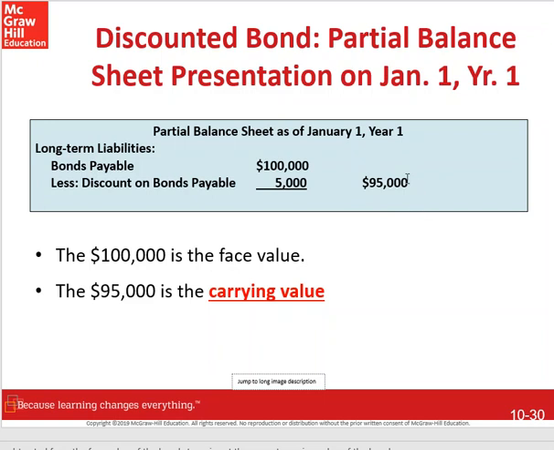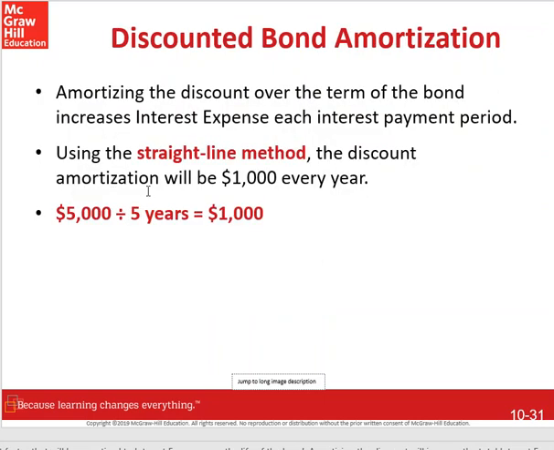Well, that's going to change over time. We're going to have to figure out how to use the straight line method to amortize that bond discount, meaning to systematically allocate the cost of the bond discount over the life of the bond. So we're going to do that using the straight line method.